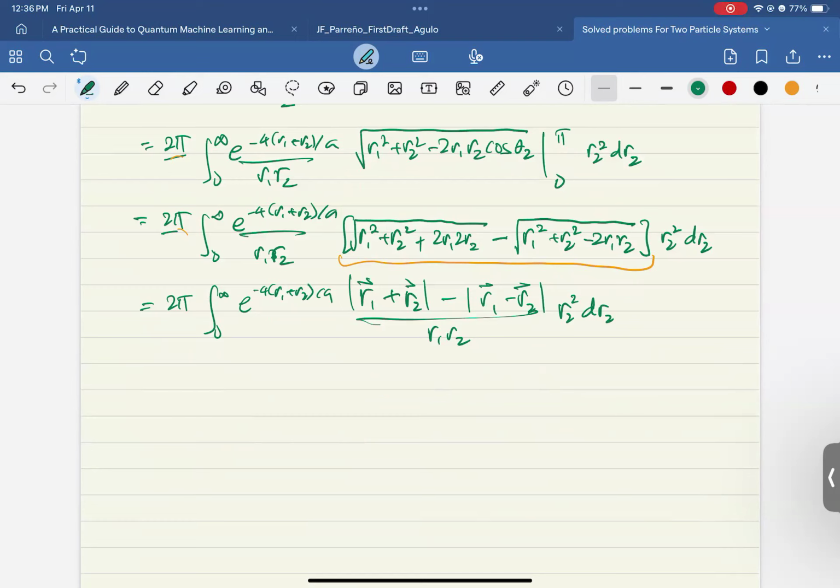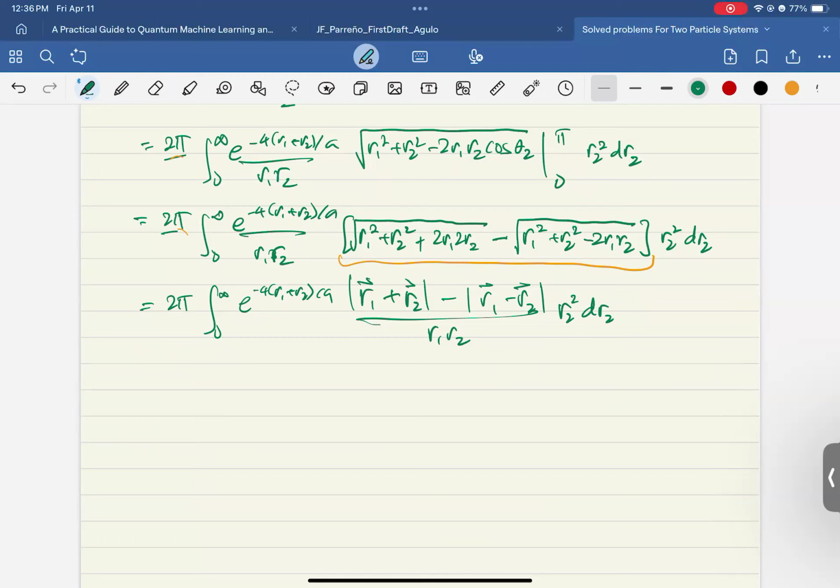R1 plus R2, di ba? Kasi hindi naman siya magiging negative kasi you're just adding these two numbers. Pero yung R1 minus R2, posible yan maging negative, depende sa kung alin yung mas malaki.